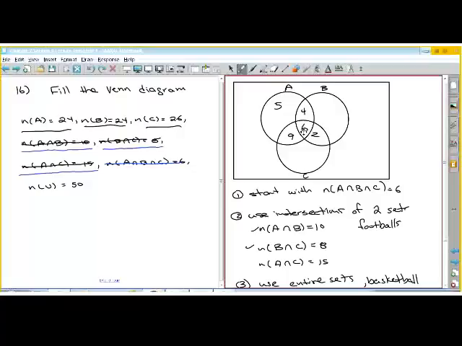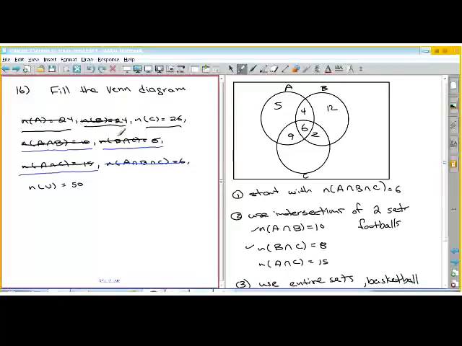These three numbers added together. 12, okay. So I need a total of 24. So how many do I need to put in here? 12. Okay. So we got those taken care of.